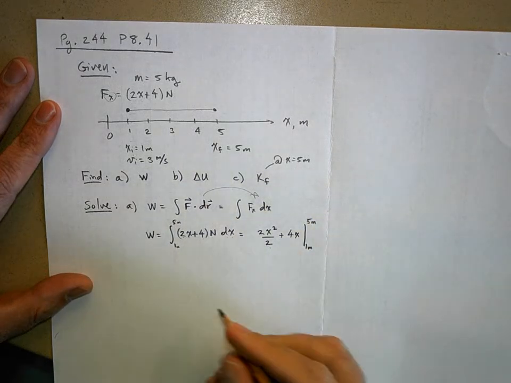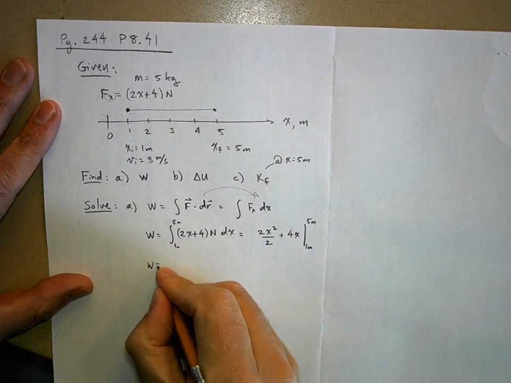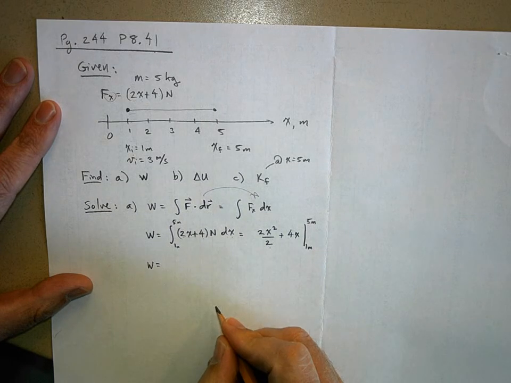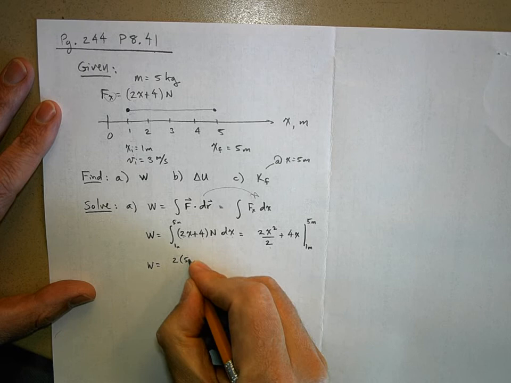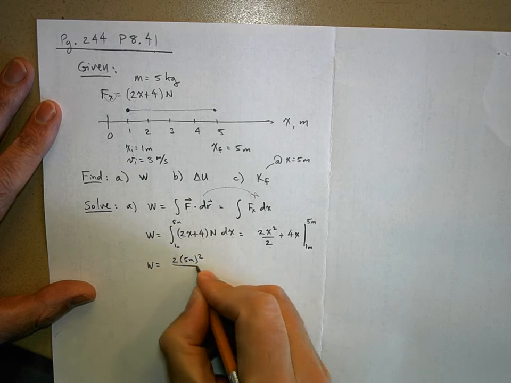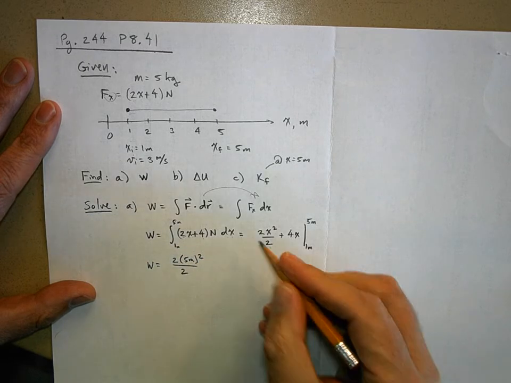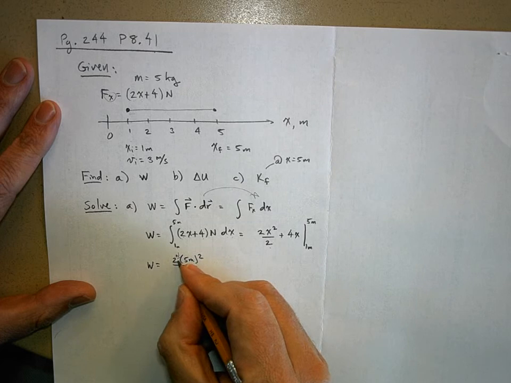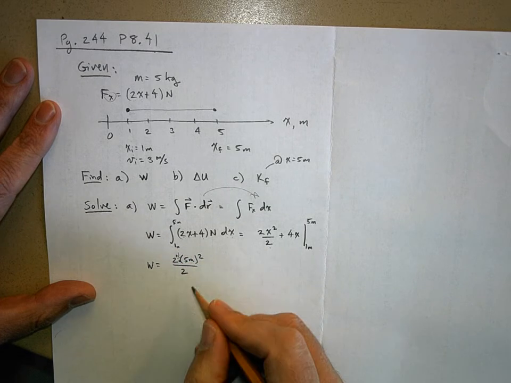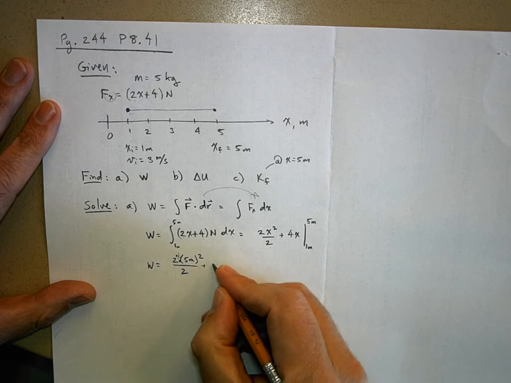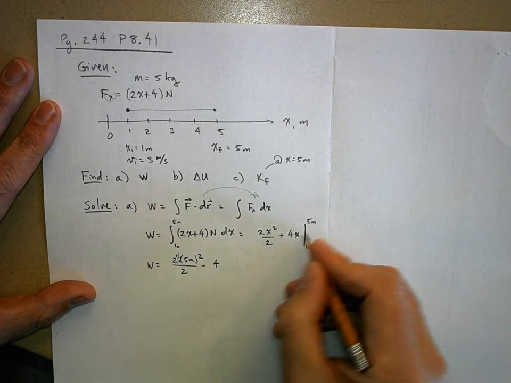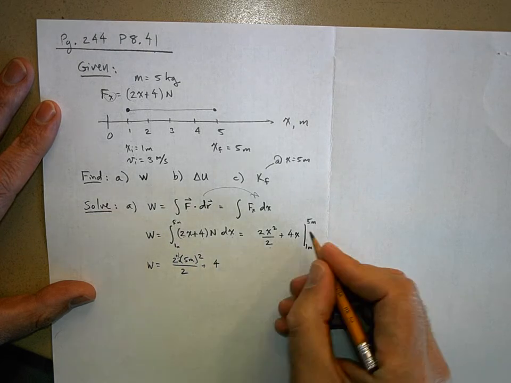Now I just need to plug in my final value of x. 2 times 5 meters squared over 2. Now, by the way, this 2, like I said, has units of newtons per meter. It has to. Plus 4 newtons times 5 meters.